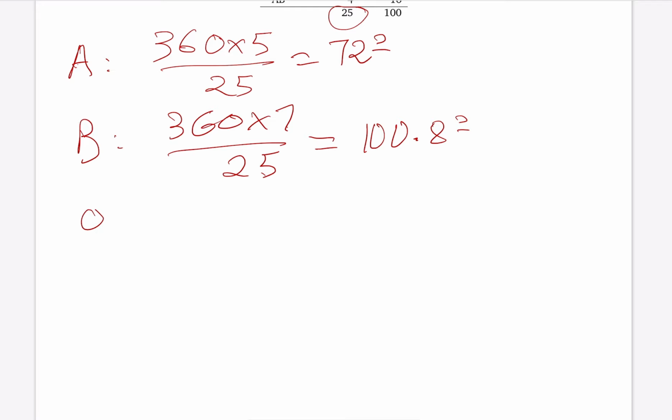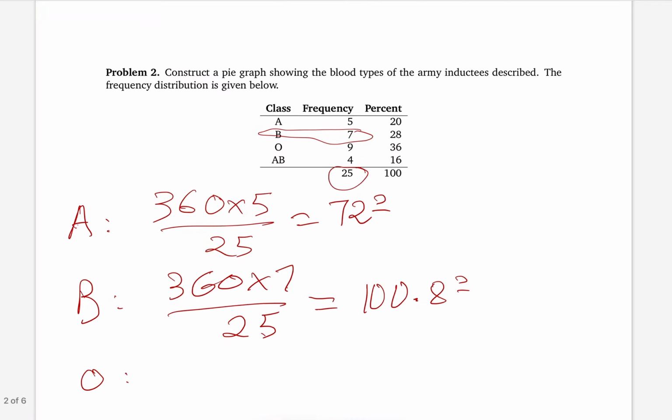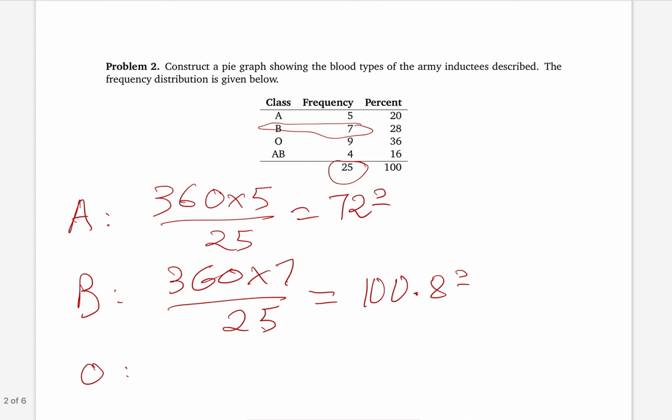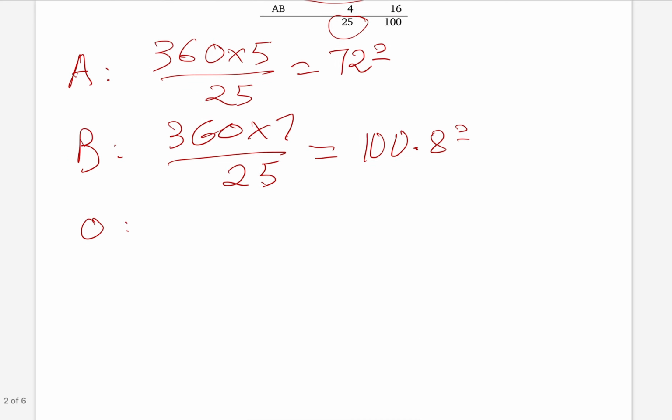For O, since the frequency of O is 9, you have 360 times 9 divided by 25, and this becomes 129.6 degrees.